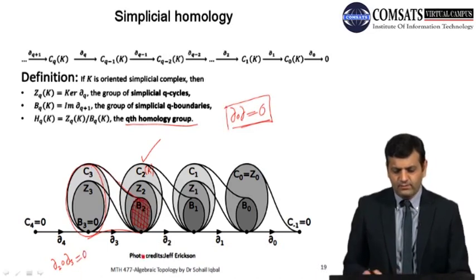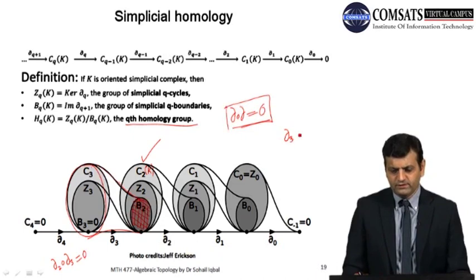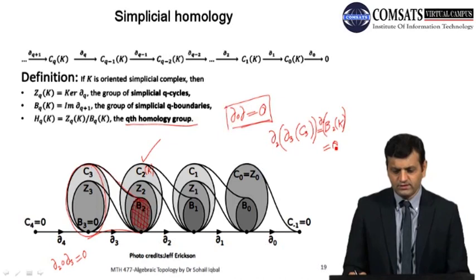So when I apply partial 3 on C_3, then I get elements of C_2 and we call it B_2 of K. And when I apply partial 2 on these elements, they are 0, because we are saying that this is the 0 map. So each and every element of B_2 of K is going to 0, so each and every element of B_2 is contained in Z_2. What is Z_2? This is the kernel of partial 2.